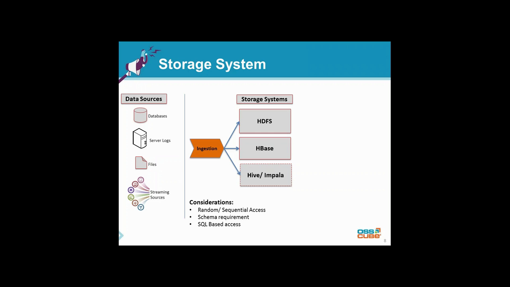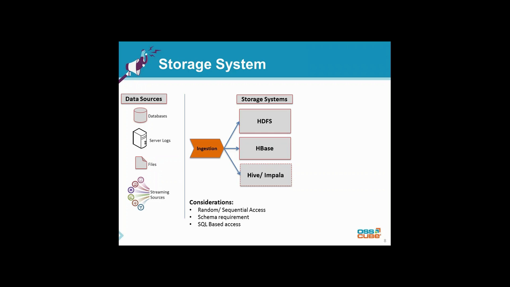But if you want SQL-based access, in the sense you want to process your data by writing SQL, then you have to create not only the data but also the metadata. Hive and Impala support a metastore where you can create the metadata about your data, thereby allowing you to process the data using SQL. So these are various storage options that you have.